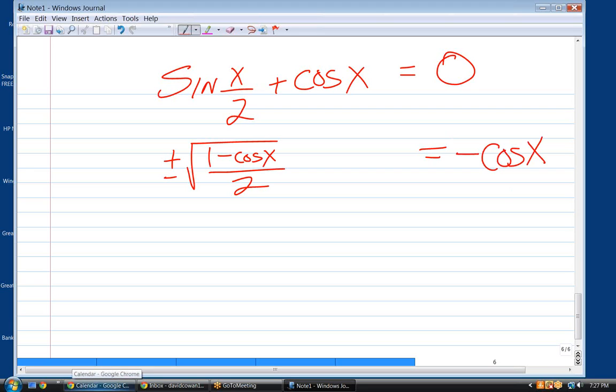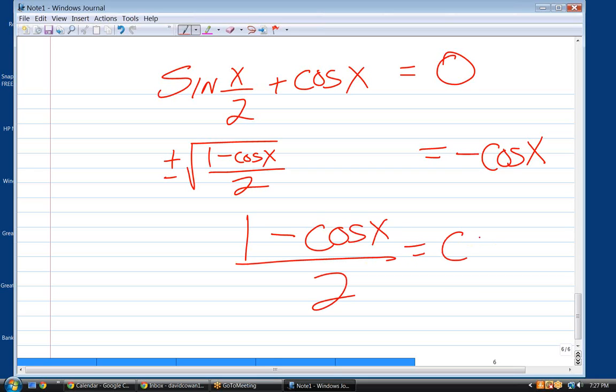Now square both sides, which takes care of the square root. 1 minus cosine x over 2 equals, wow, really takes care of it. And now multiply by 2.